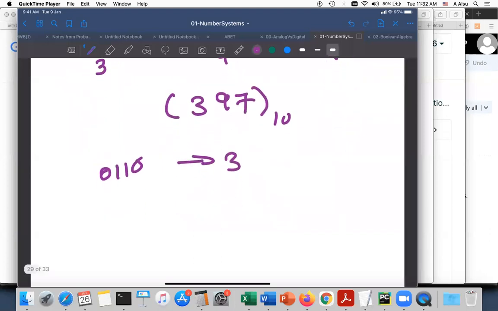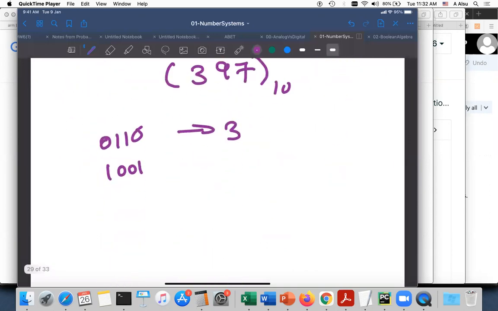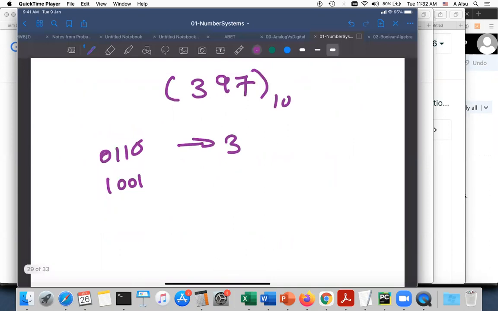And if I complement that, I get 1, 0, 0, 1. Now what is the 1, 0, 0, 1? Subtract 3, and 9 minus 3 is 6. So this is 6. It is self-complementing. The addition of these equals 9, so it is self-complementing.